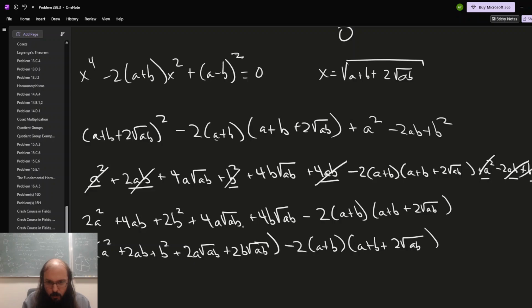Probably factoring by grouping will once again save the day, especially in light of this thing having a square root of AB, this thing having a square root of AB. Like maybe we can break some things up. What I will need, right? I mean, of course, I could also go the other way.